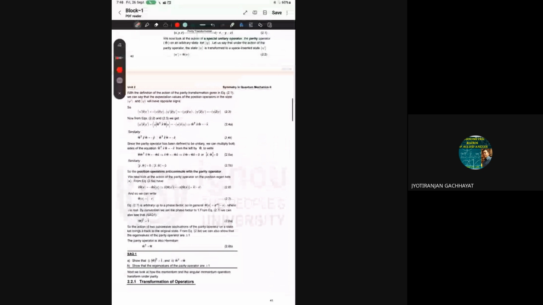Okay, on my screen, this line, right? Yes sir, this line here. So that is psi star, sorry, psi prime x psi prime. This is the expectation value, right?